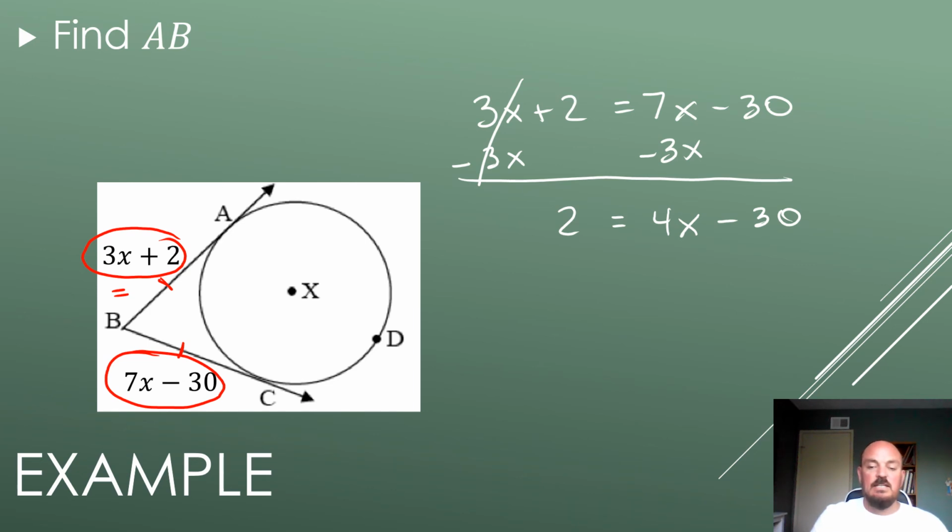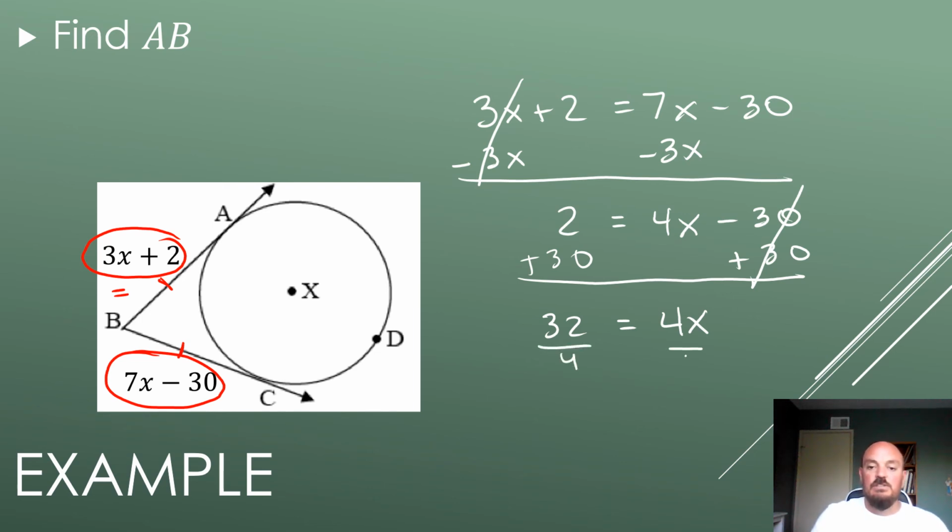Next I want to get rid of the minus 30, so I use a plus 30, same thing on both sides. 2 plus 30 is 32, and on the right the only thing left is the 4x. One last step: I divide both sides by 4. The 4s cancel and leave just the x. 32 divided by 4 is 8. So I've solved for x.